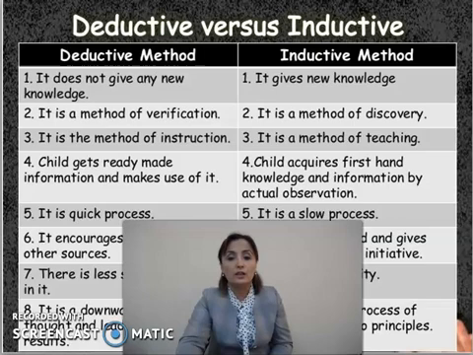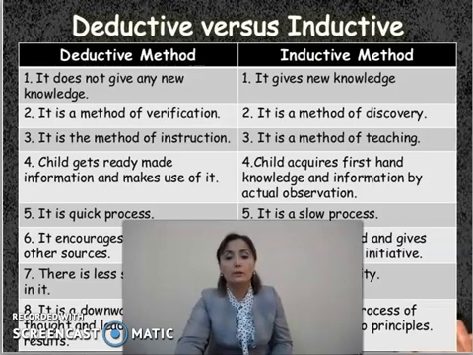In the deductive one, the child gets ready-made information and makes use of it. In the inductive one, the child acquires first-hand knowledge and information by actual observation. In the deductive one, it's a quick process, and vice versa in the inductive one, it's a slow process.